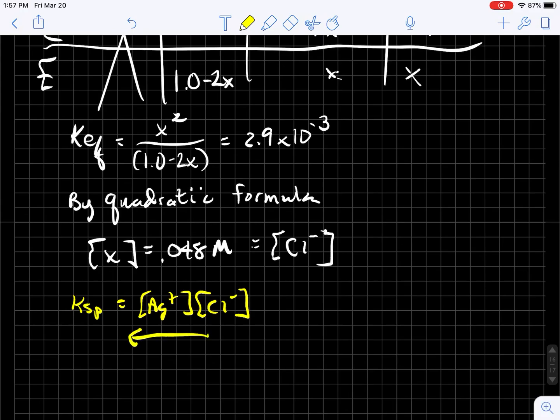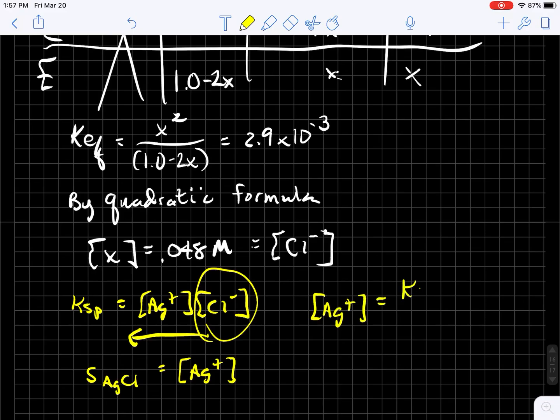And at this point, we have a huge Le Chatelier shift to the left because this chloride concentration is large. But I know that the solubility of silver chloride is going to be equal to the silver concentration. So I'm going to solve for the silver concentration.